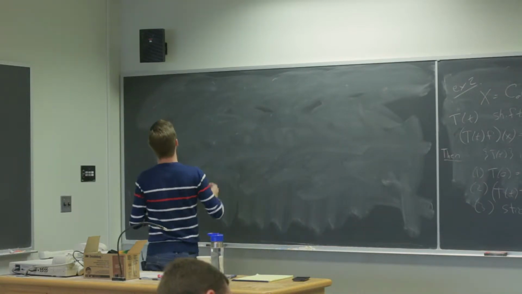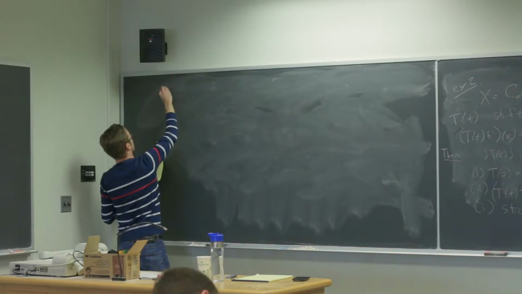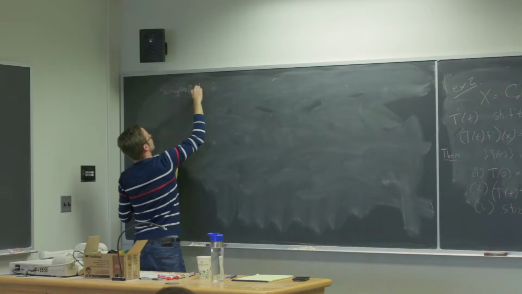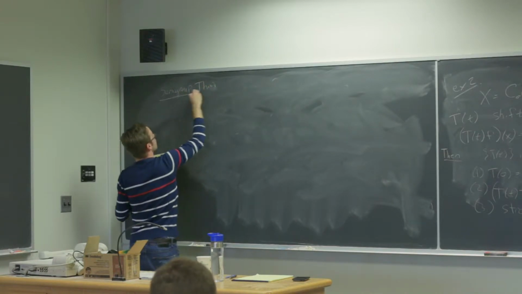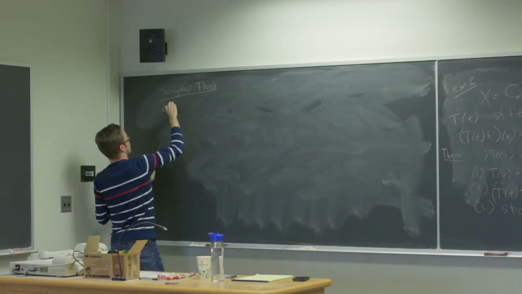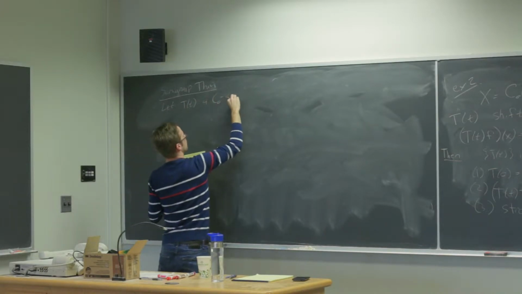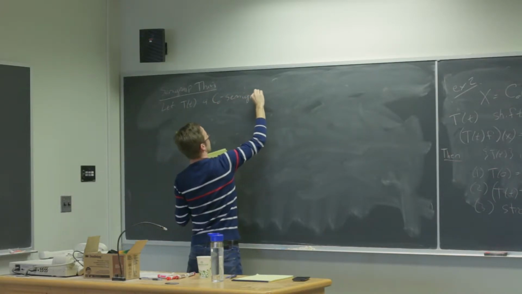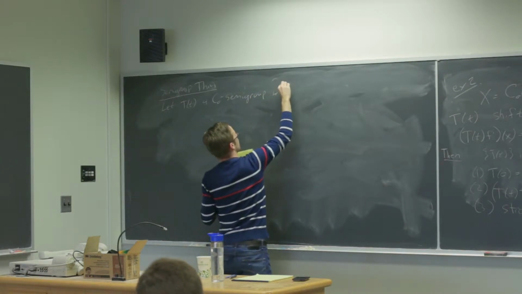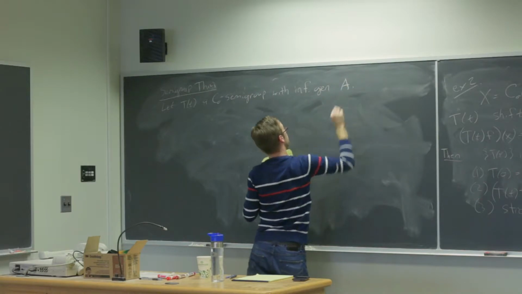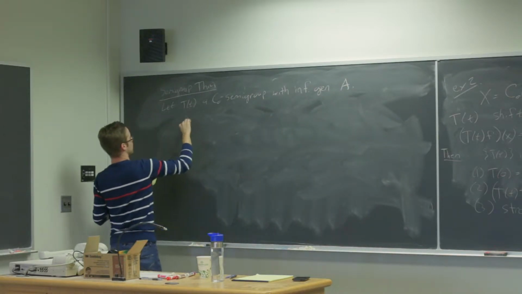All right, so this is the main theorem, let's call it the semigroup theorem. I'm not going to prove it. Let T(t) be a C0 semigroup with infinitesimal generator A. Then there are a couple of things.